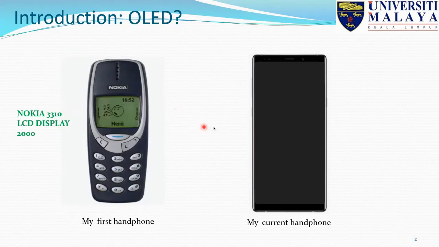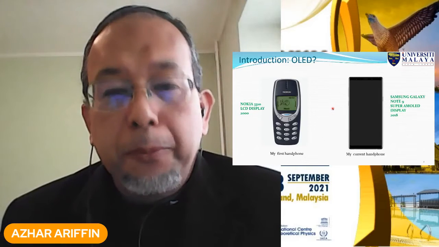And now this is my latest handphone, the Samsung Galaxy Note 9. This handphone's screen is a Super AMOLED display. I'm very sure most of us today are using this kind of smartphone, so I'm sure you have heard the word OLED before.